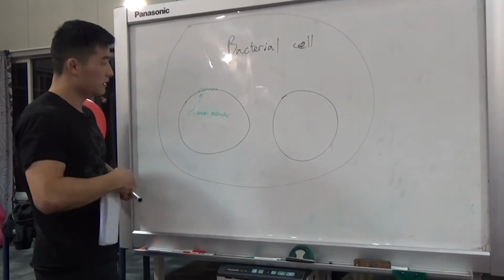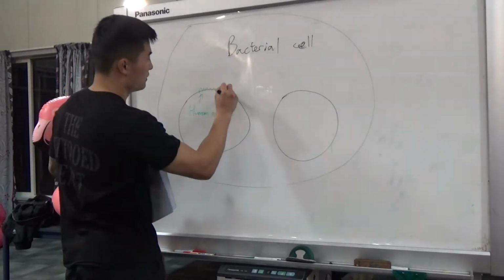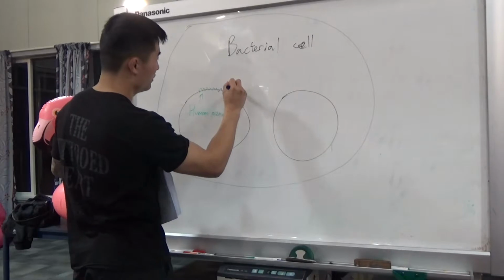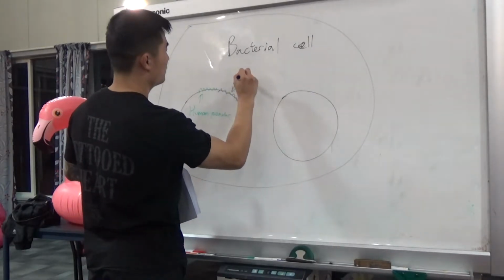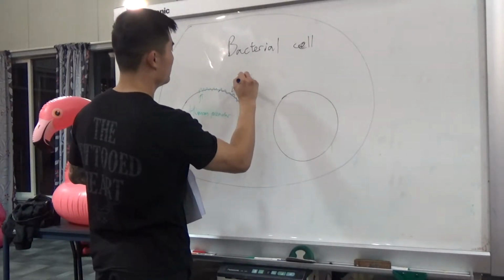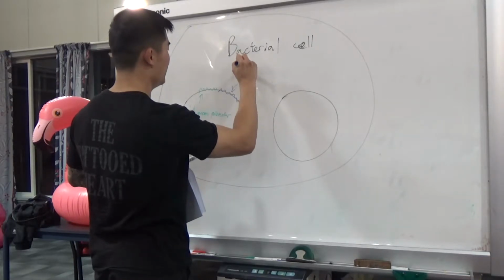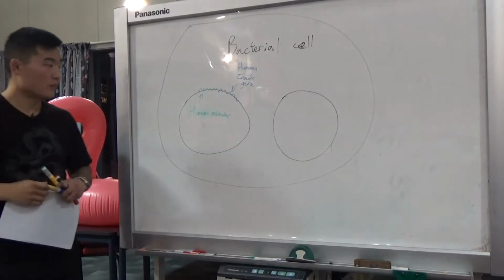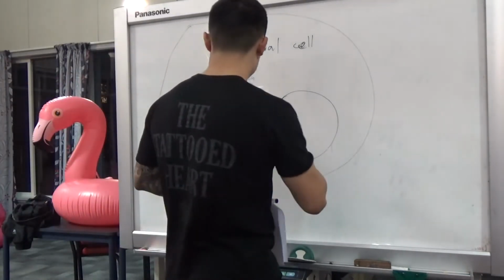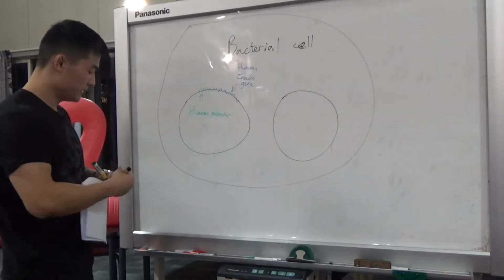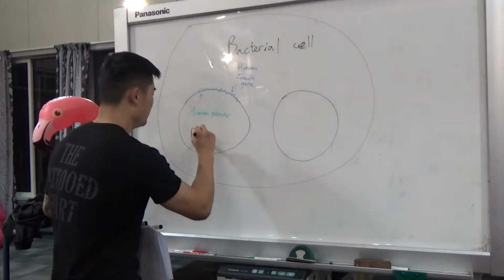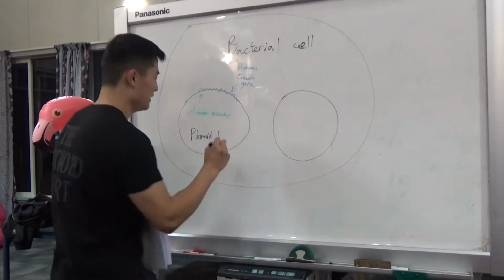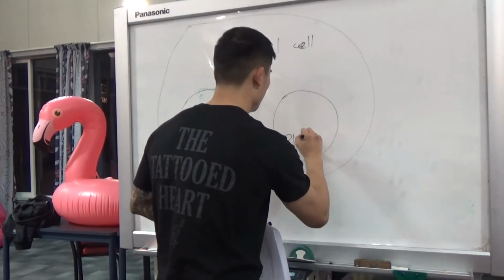And then this is your human insulin gene. So this is plasmid 1, this is plasmid 2.